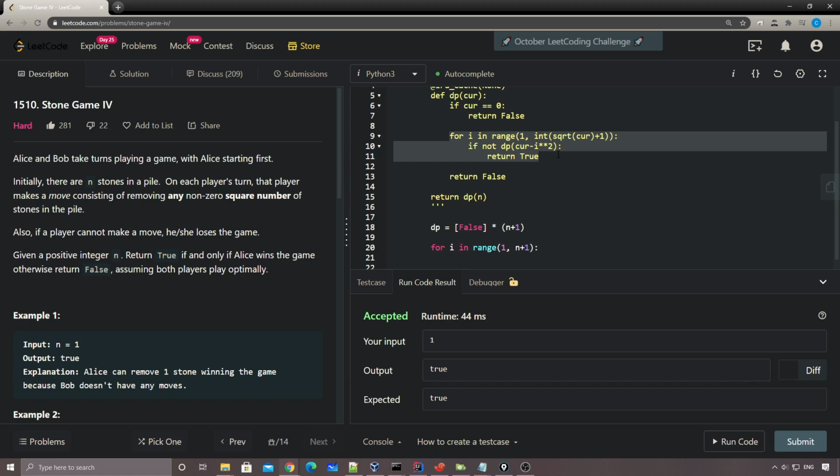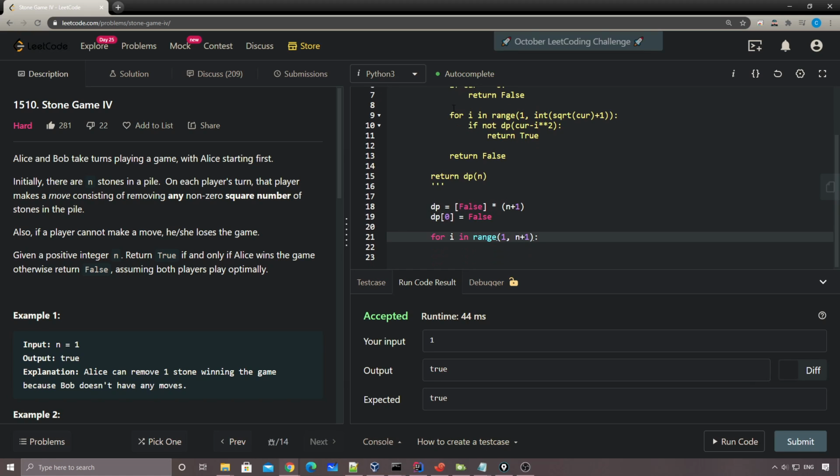Similar to this one. Since we know dp[0] is false, all we need to do is use the same formula here.